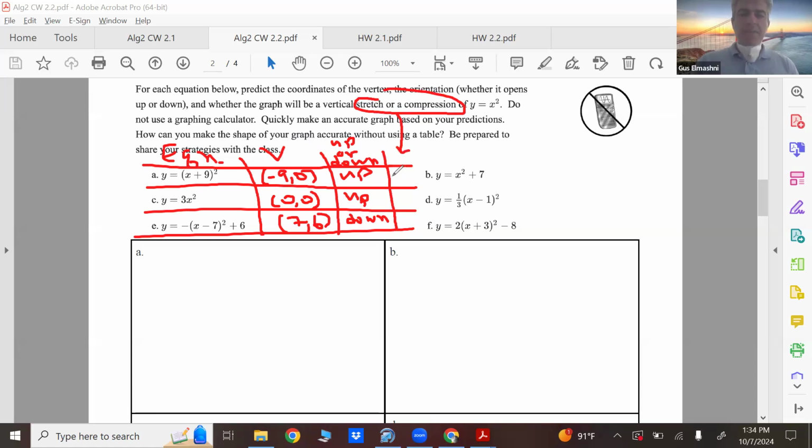That's neither. That's gonna be a stretch. That's neither. And go through the motions again for the next three. That's gonna be 0, 7.